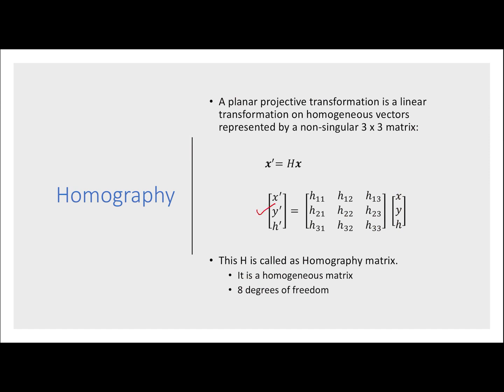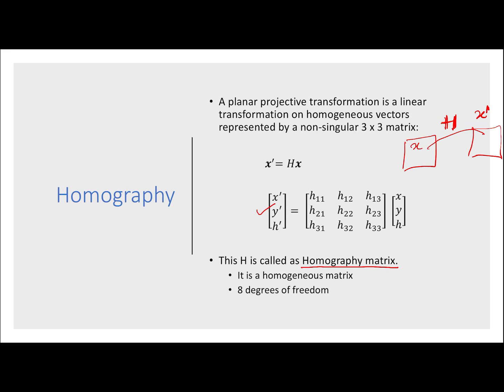Here, this x, y, h vector and x prime, y prime, h prime vector are homogeneous representations of points in the image before and after projective transformation. And this H is the homography matrix. The projective transformation matrix is also called the homography matrix.